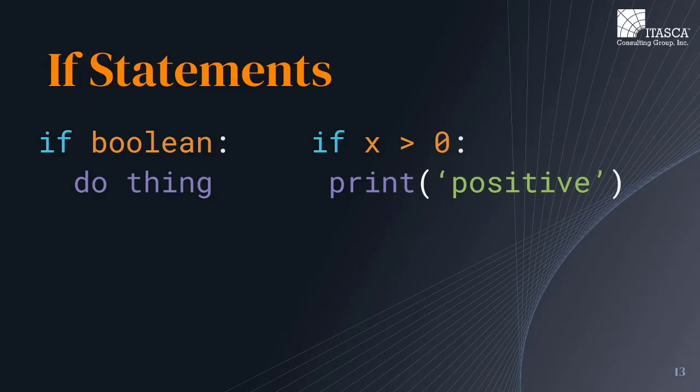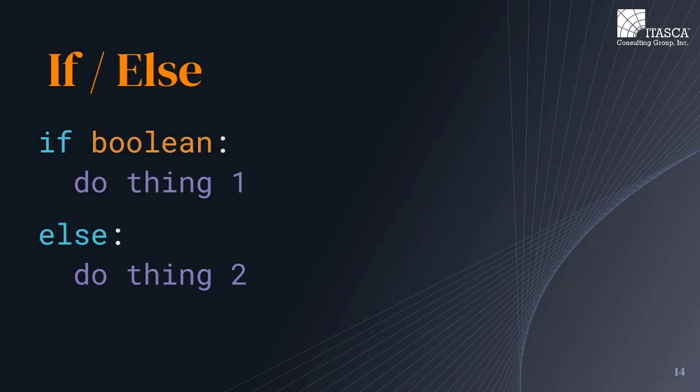Now, a similar statement to the if statement is the if-else statement. This statement means that if this first Boolean evaluates to true, this first section of code will be executed. Else, so if this Boolean evaluates to false, this second segment of code will be executed instead.